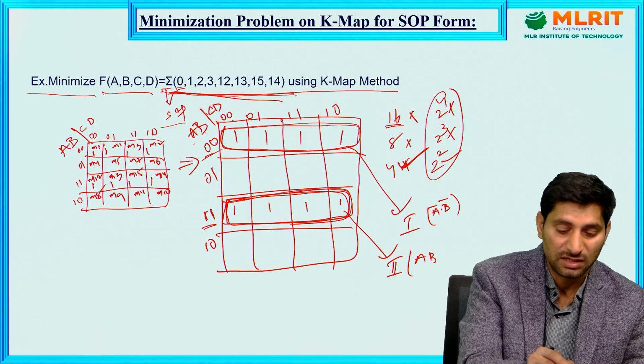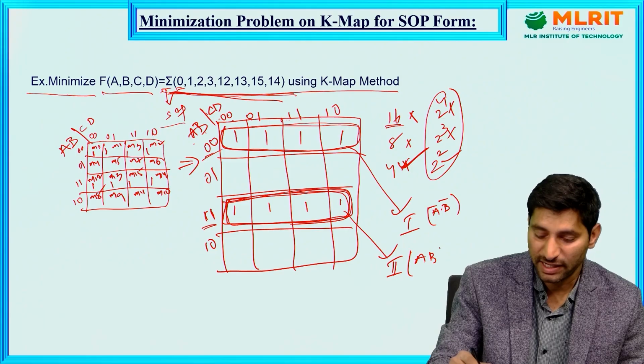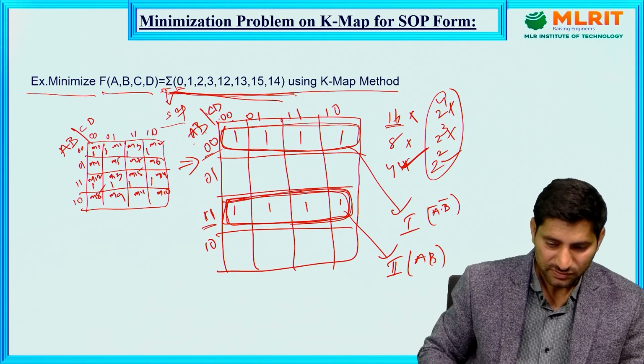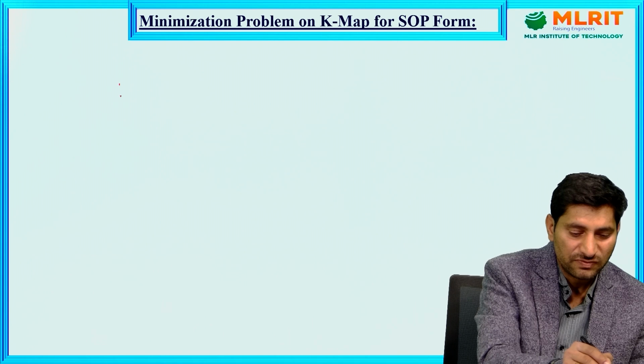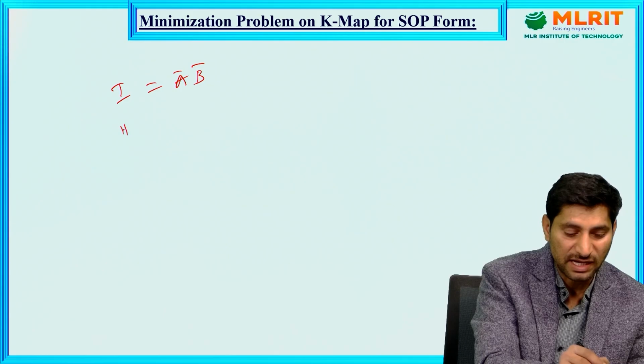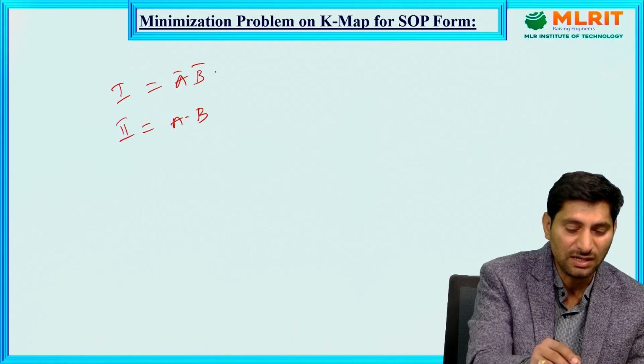Vertical cell representation: 0, 0, 0, 1, 1, 1, 1, 0. Among these nothing is common. So the leftover minimized term is AB. So from the first group I got A bar, B bar. From the second group I got the term AB. These are the minimized terms.